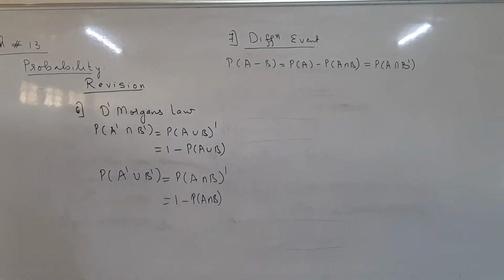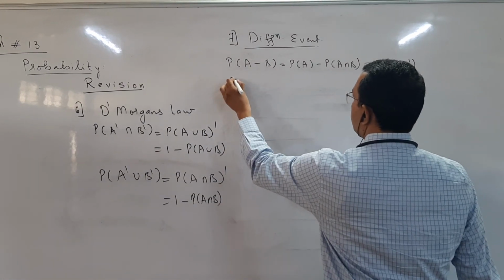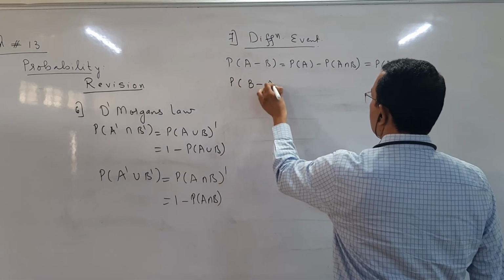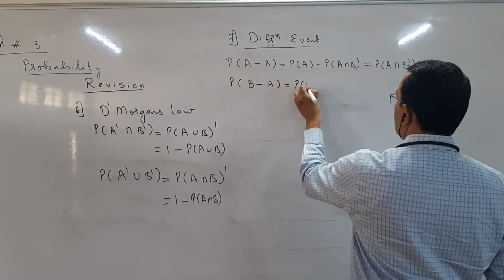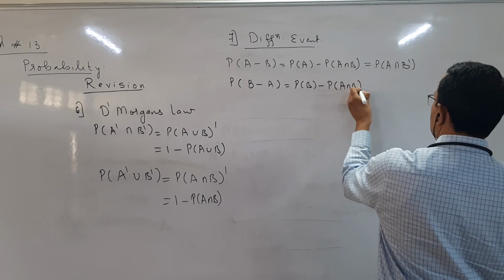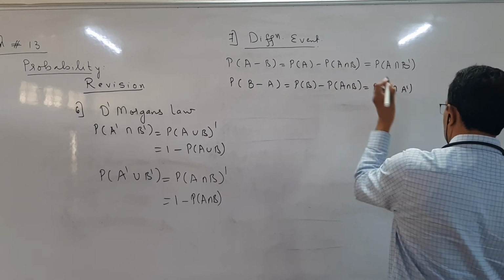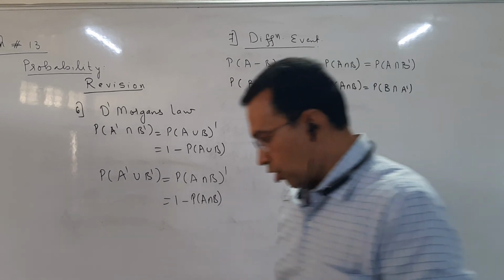Students, all of you know to operate A minus B, and particularly P of B minus A will be P of B minus P of A intersection B, and that is equal to B intersection A complement.